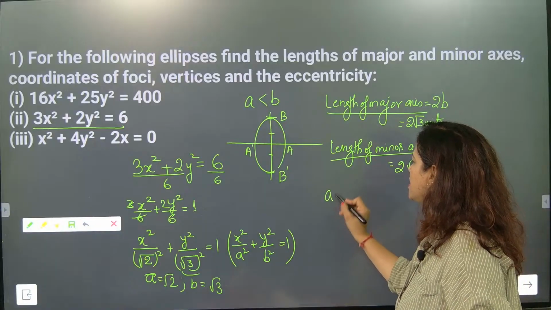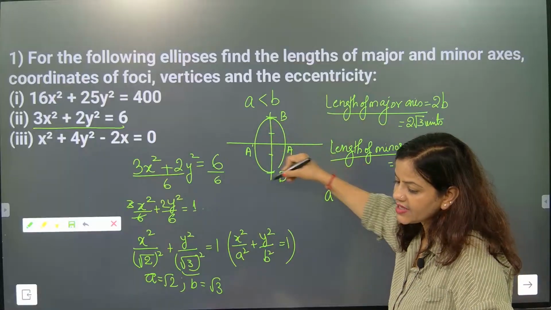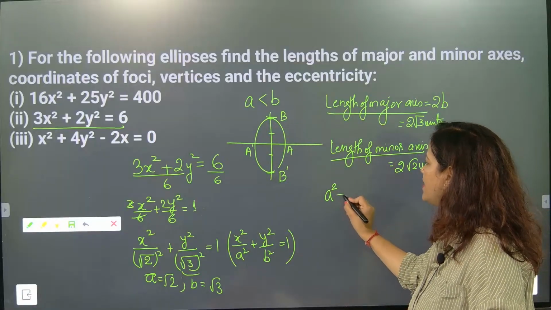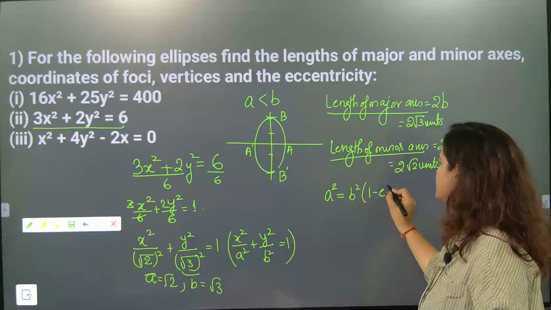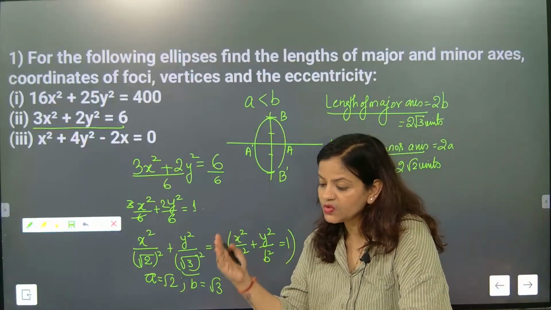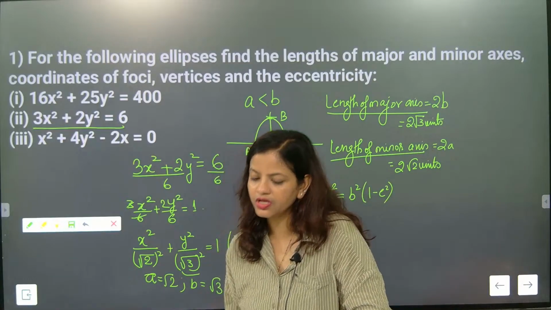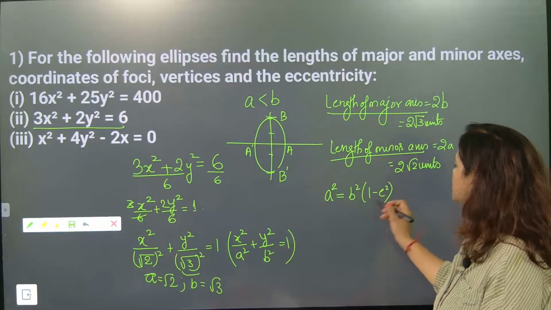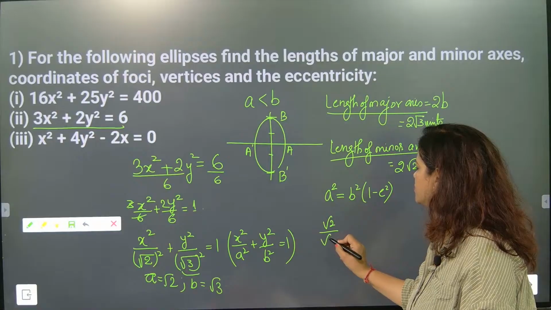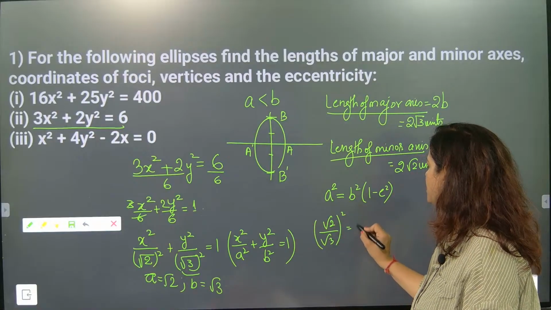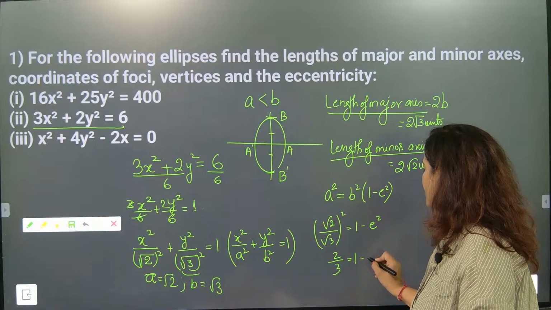For eccentricity, because the major axis of the ellipse is resting on the y-axis, this time the equation will be a squared equals b squared times 1 minus e squared. Very good, e is coming as 1 by root 3. Let's check it. Here a is root 2, b is root 3: 2 by 3 equals 1 minus e squared.